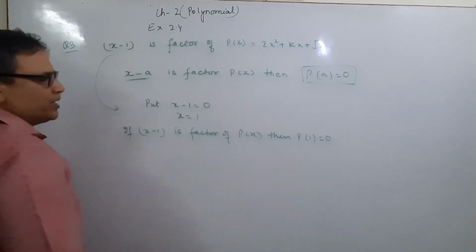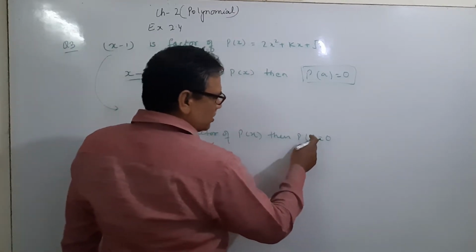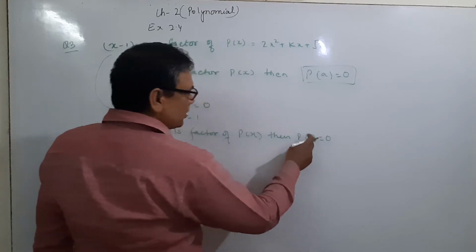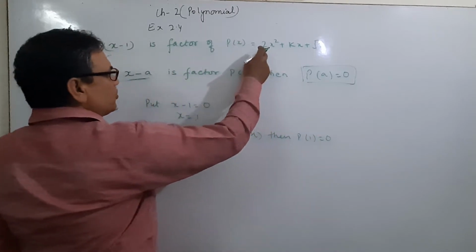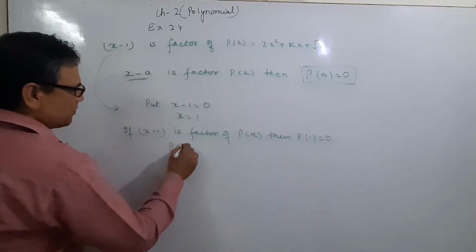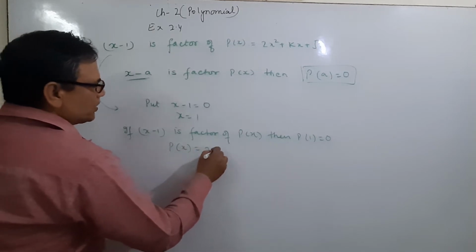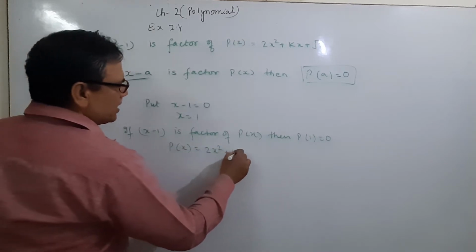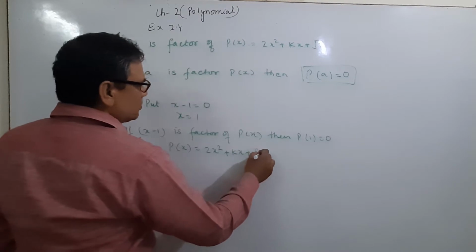P(1) equal to 0 means we have to put the value of x equal to 1 in the given polynomial. P(x) is the polynomial which is equal to 2x square plus kx plus root 2.